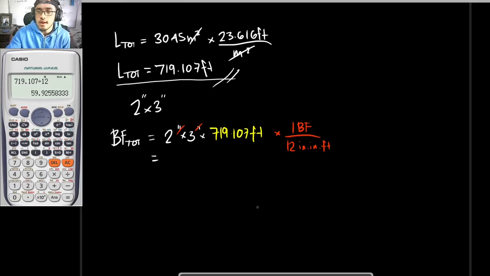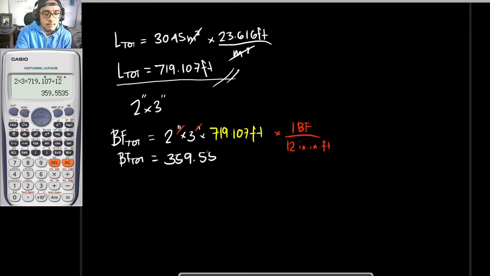Okay, so the answer here would be 2 by 3 by 719.107 divided by 12. So the total board foot would be 359.554 or 55 board foot.